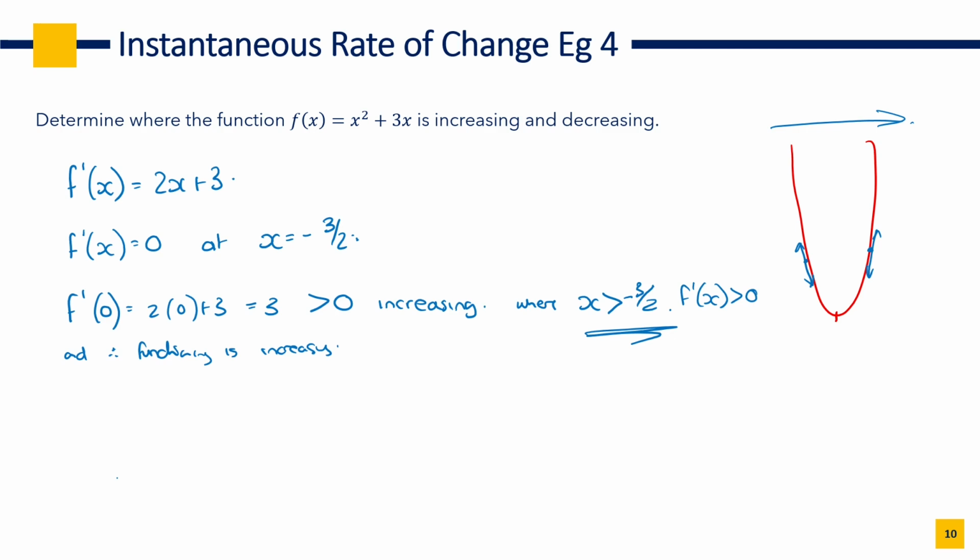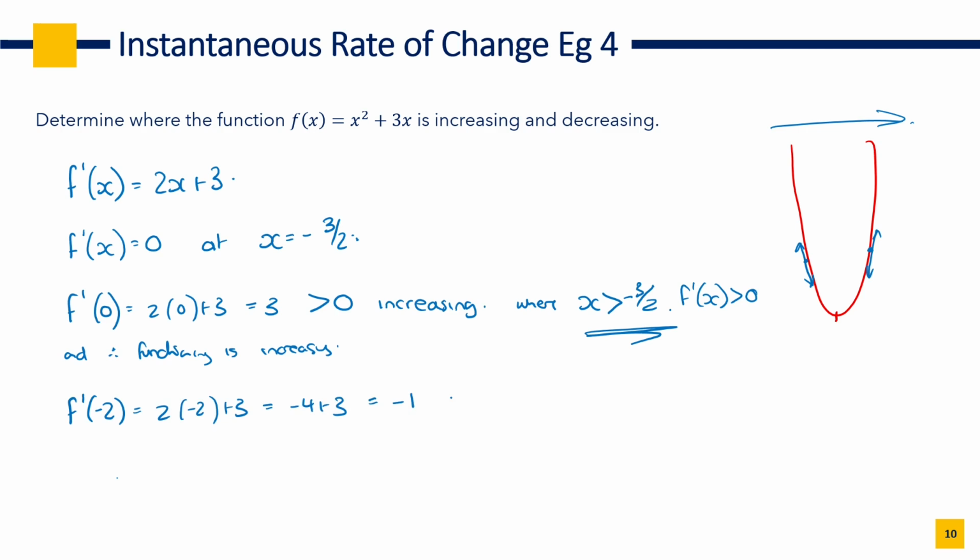We chose 0, that one was cool. But we also have to choose a value to the left. Obviously, I can't choose minus 1 because minus 1 is bigger than minus 3 upon 2. So let's choose minus 2. So we say f prime of minus 2 is 2 times minus 2 plus 3. That's going to give us minus 4 plus 3, and that's going to give us minus 1.